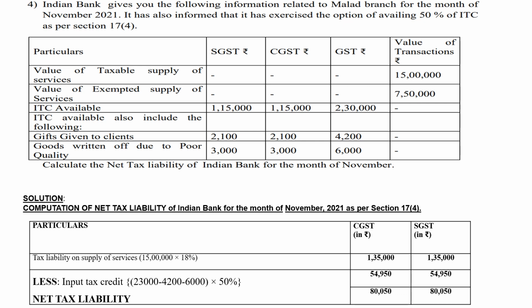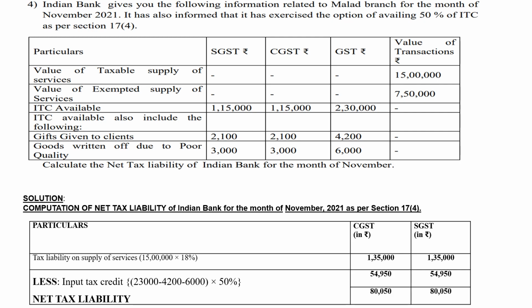Then you take 50% of it, and 50% amount will go in CGST and 50% in SGST. Then you deduct it from the tax liability of supply of service, and you will get your final answer, that is 80,050. So this is the solution of your problem sum number 4.